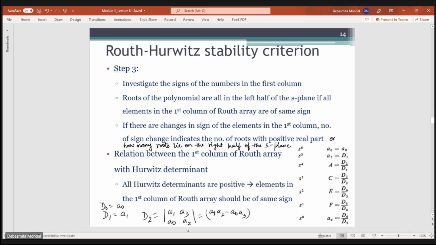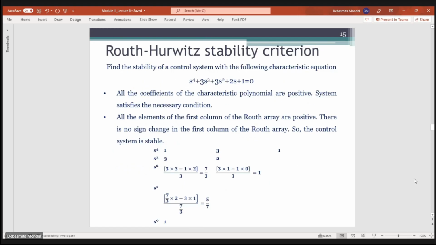So if there are no sign changes in the first column, all these values have the same sign. That means this simplification which Routh made for calculating stability satisfies the criteria provided by Hurwitz in terms of the Hurwitz determinants.